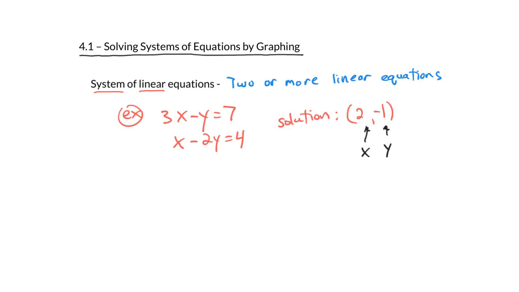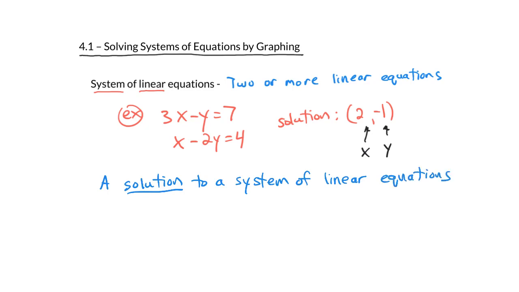So we can say a solution to a system of linear equations is an ordered pair that is a solution to both equations.